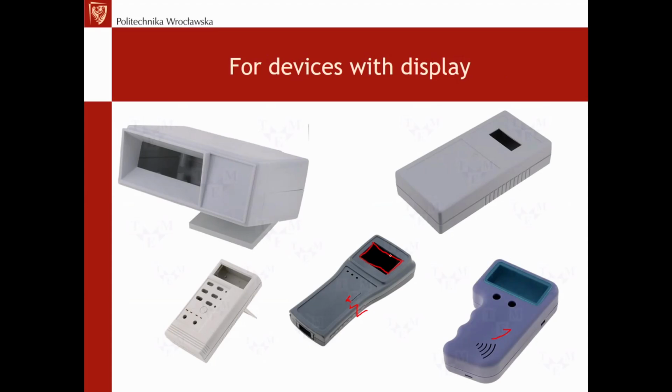Because, for example, you have to choose the display that fits into this window. And if the display is to fit into this window, it has to be mechanically fixed to this case, which means that the PCB as well has to be fixed to this case, which means that they have to be connected, sometimes through some connectors, sometimes a semi-flex PCB has to be used, and so on.